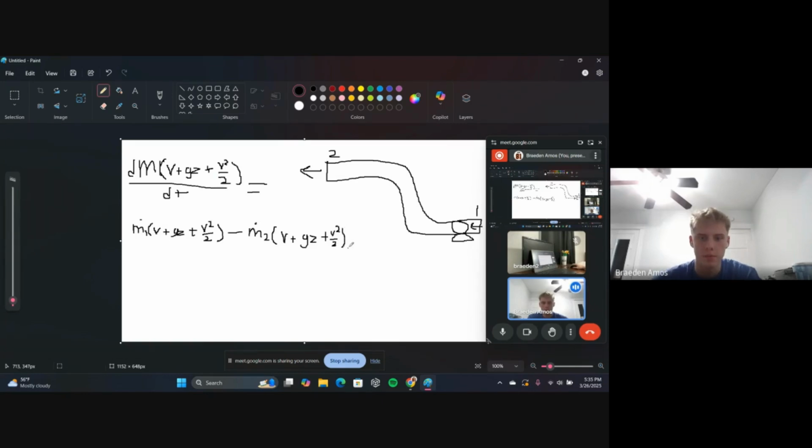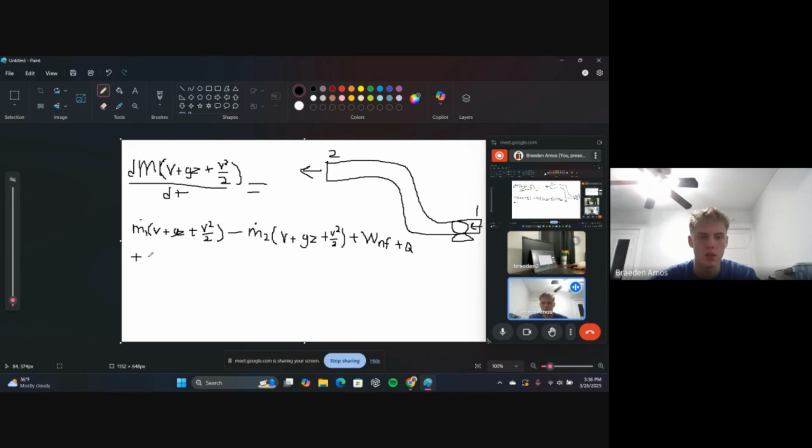And then we also need the work that goes into this entire system. So that'll be W non-flow plus Q. And then we also have the pressure.